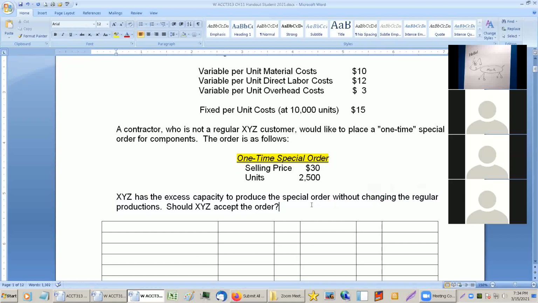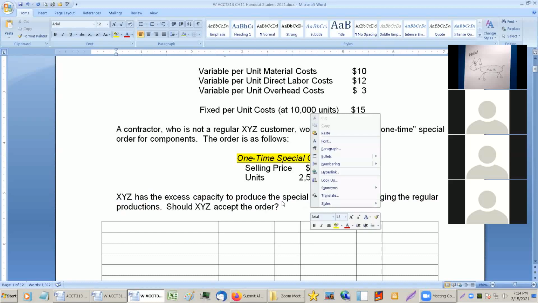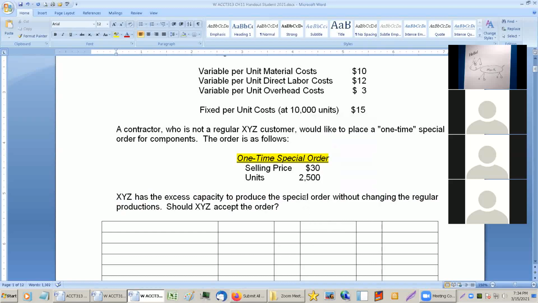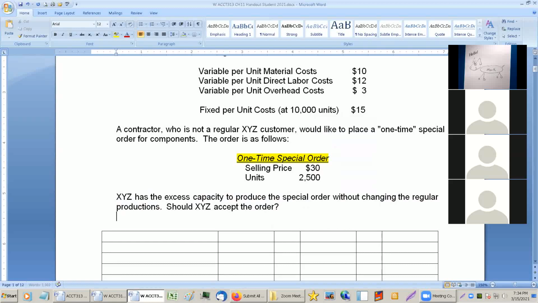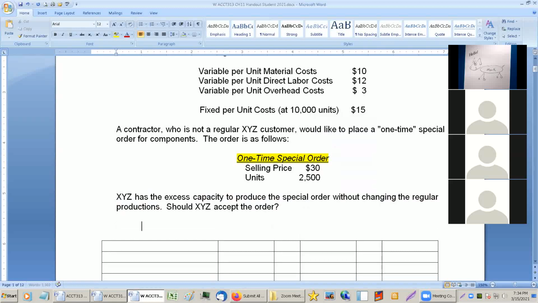Okay, so what are the alternatives to it? Are they going to stop their regular production for this? No, it says they're going to do it without changing their regular production.